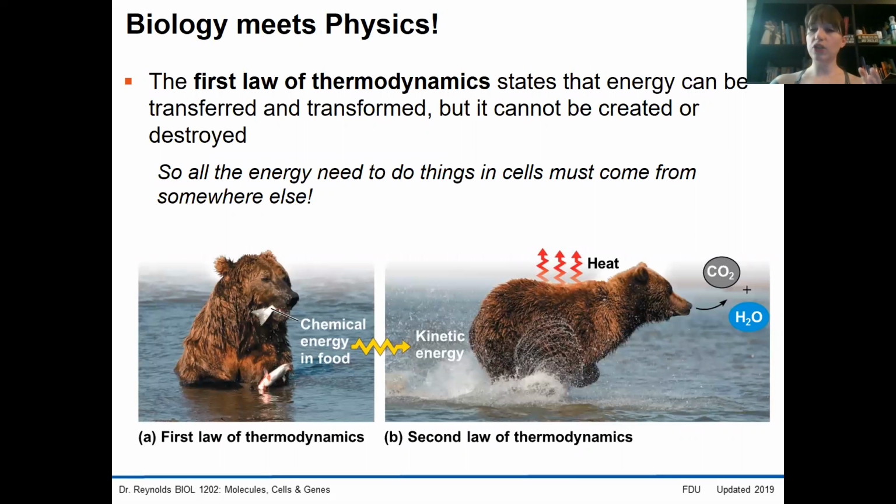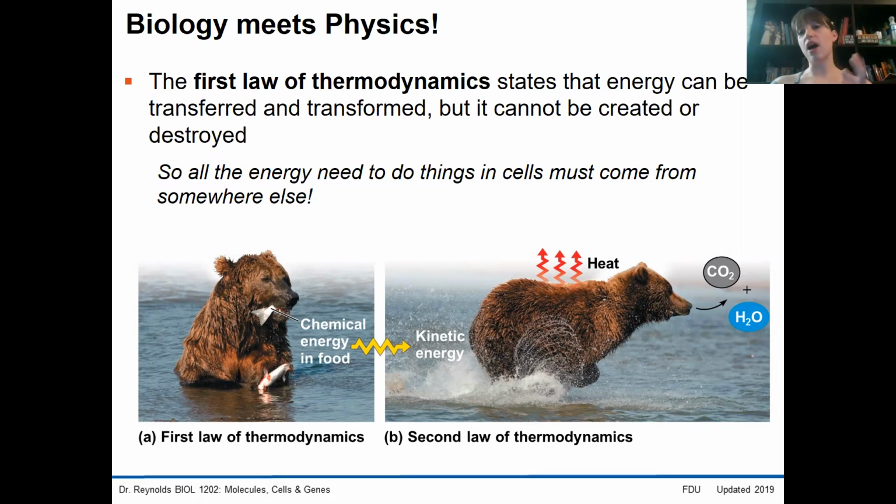Now, when we talk about biology, it's important to remember that this is going to be governed by particular physics laws. Specifically, the first law of thermodynamics. It states that energy can be transferred or transformed, but never created or destroyed. So in none of the reactions we look at today is energy going to magically appear or disappear.